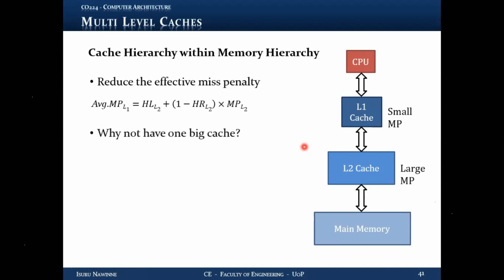Then you can have a question: why not have one big cache if we can do that, right? Earlier we said we first need to decide the size of the cache, then the configuration: the block size, the number of entries, and the associativity within those entries. So to improve the hit rate, why not combine them together?